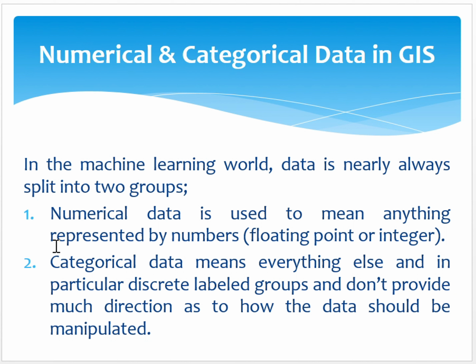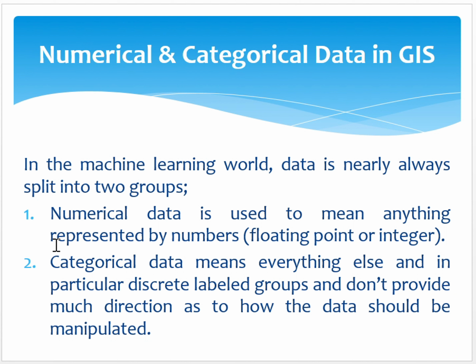Categorical data is everything else, in particular discrete or labeled groups that don't provide much direction as to how data should be manipulated. Everything else other than the figures and the numbers, which could either be whole numbers or decimal points that you call numerical data.